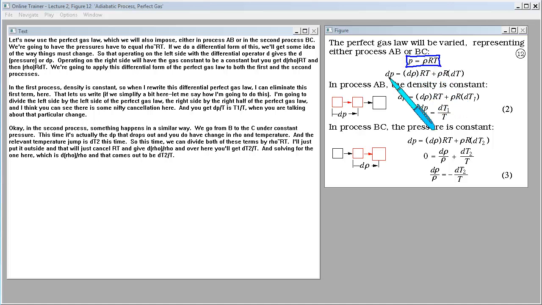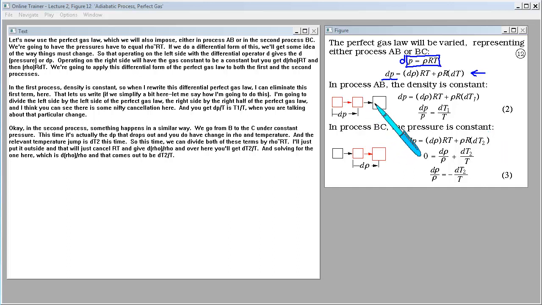Operating on the left side with the differential operator d gives dP. Operating on the right side, the gas constant is a constant, but you'll get d rho RT and then rho R dT. We're going to apply this differential form of the perfect gas law to both the first and the second processes.